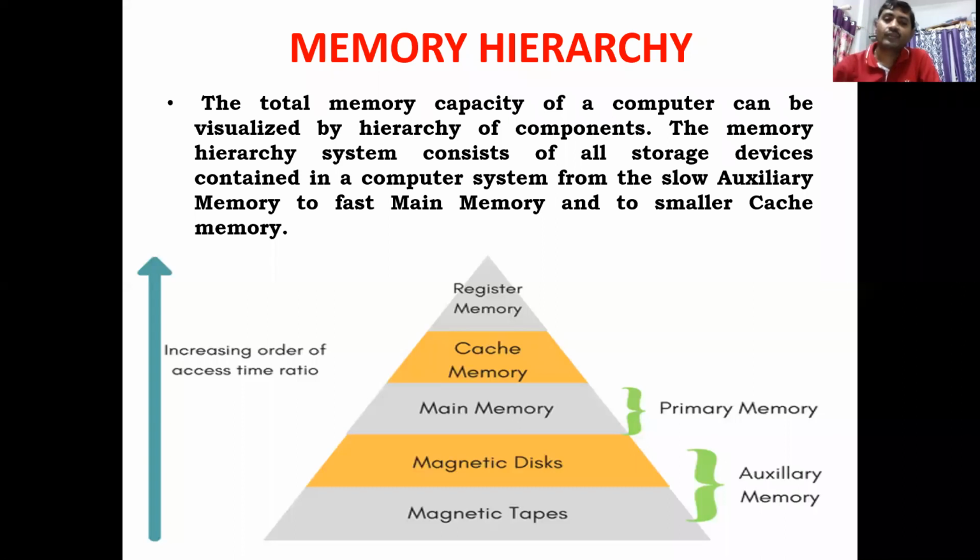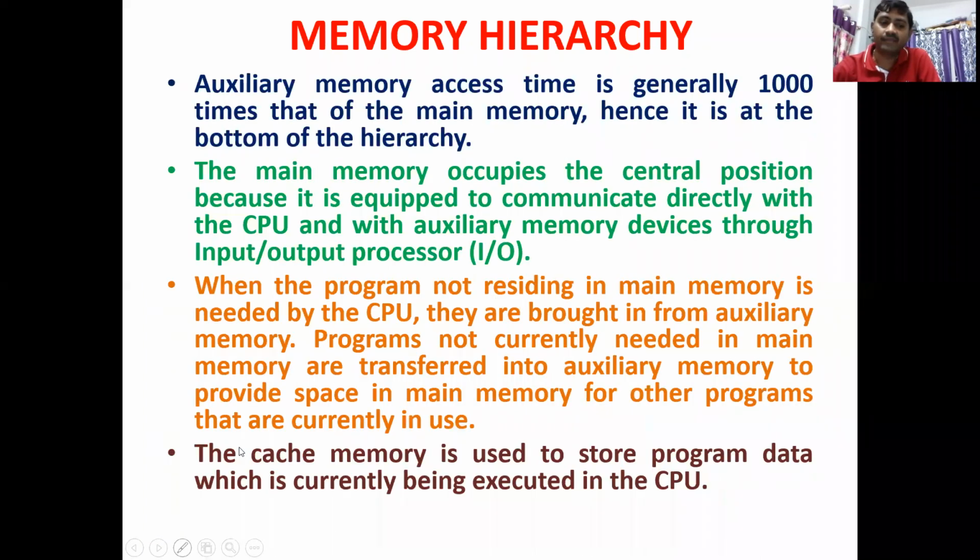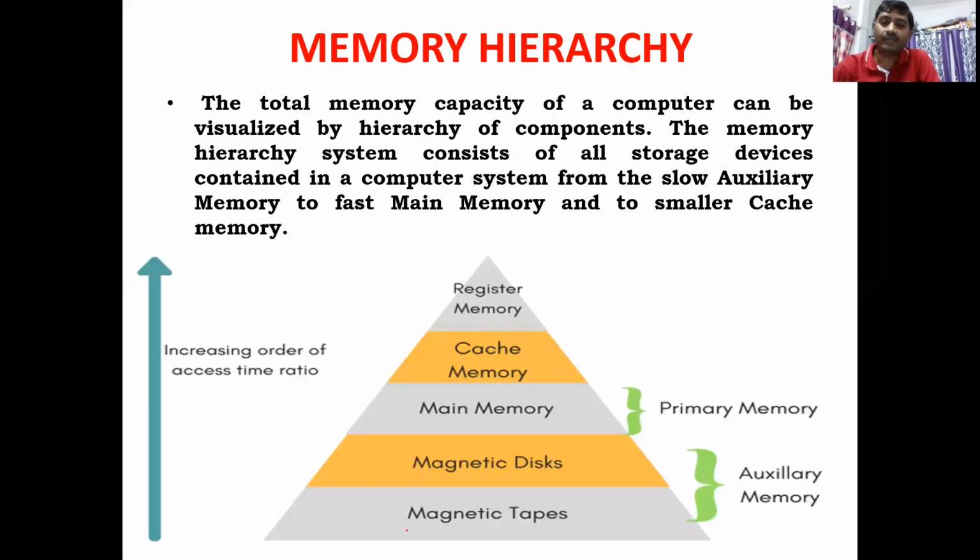If you look at the pyramid of this memory hierarchy, at the bottom will be magnetic tapes, and on top of it will be a magnetic disk, main memory, cache memory, and register memory, right?